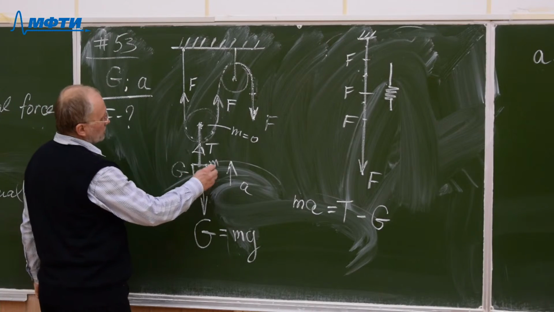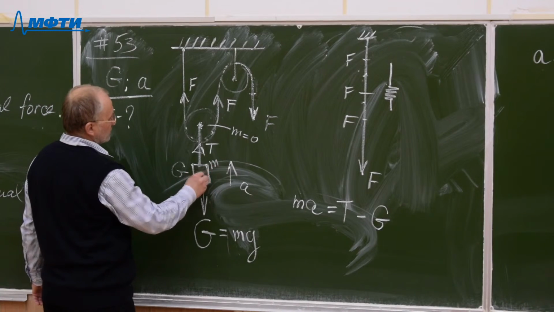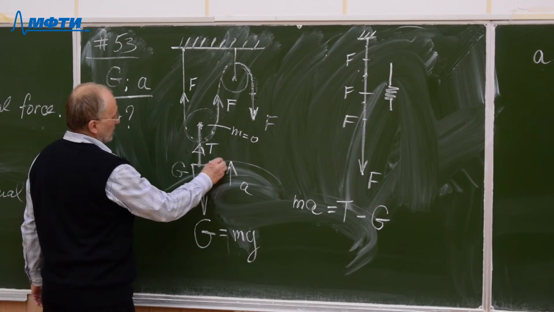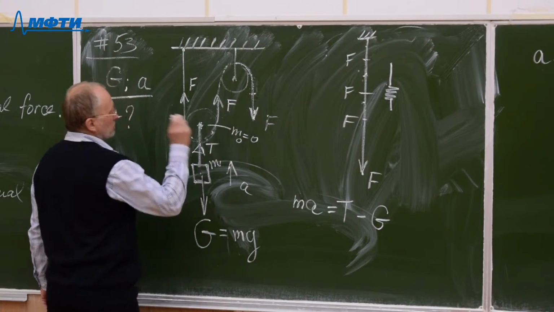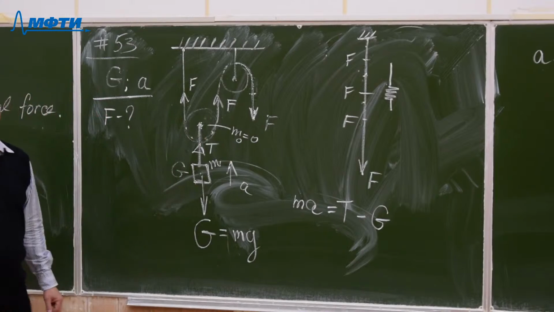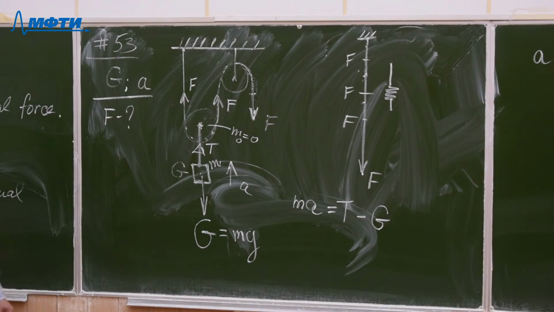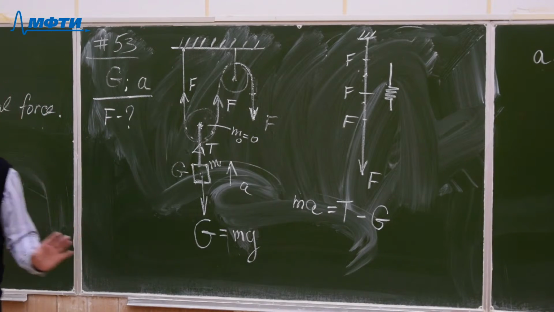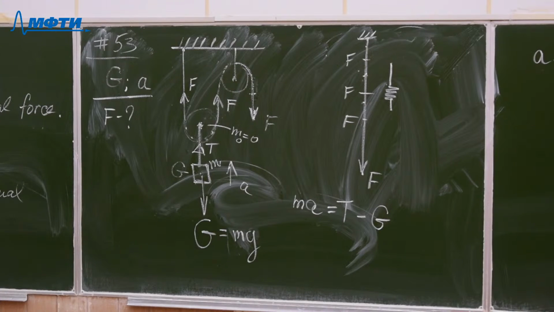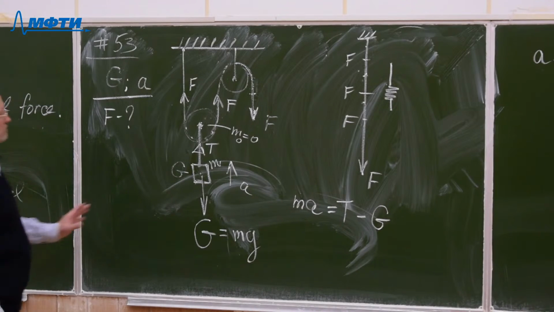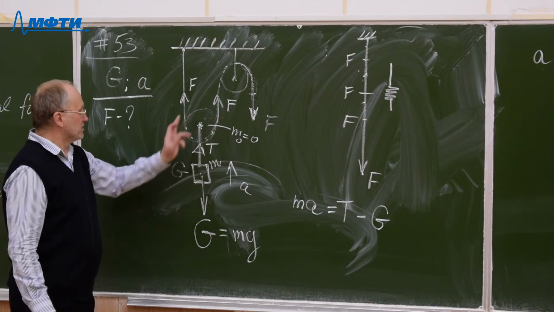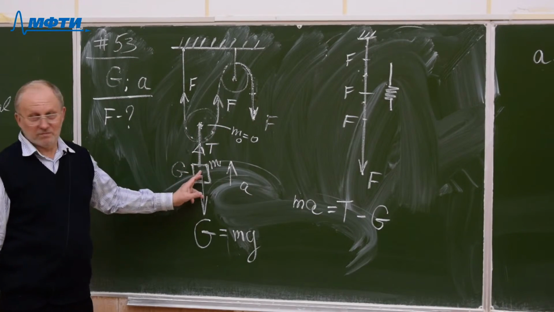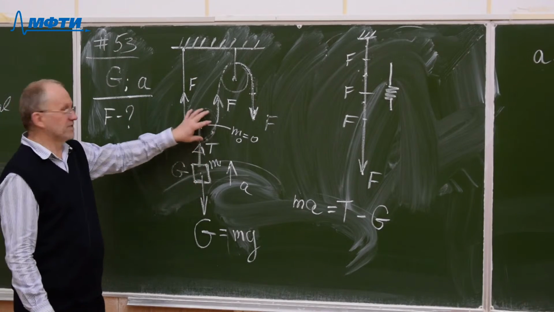It's not a good thing to denote the masses of these two bodies using the same letter. So let it be m0, the mass of this pulley. It's very small. Anyway, it is there. Even if it's 1,000 times smaller than m, m0 may be 1,000,000 times smaller than m. No problem. Anyway, there is some mass.